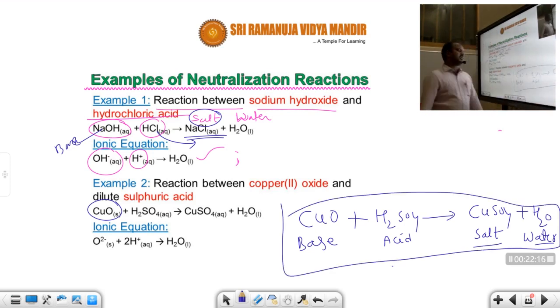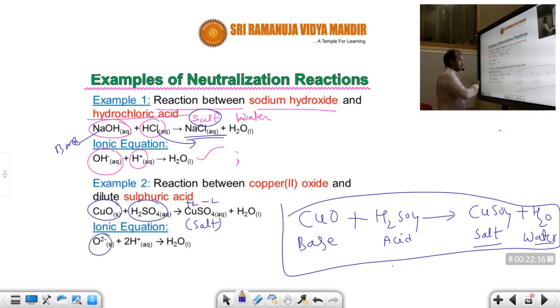Copper oxide, or cupric oxide, reacts with sulfuric acid to form salt. Salt means it contains cation and anion. It is formed by acid and base, but it contains neither acidic nature nor basic nature. Salt always has new properties.